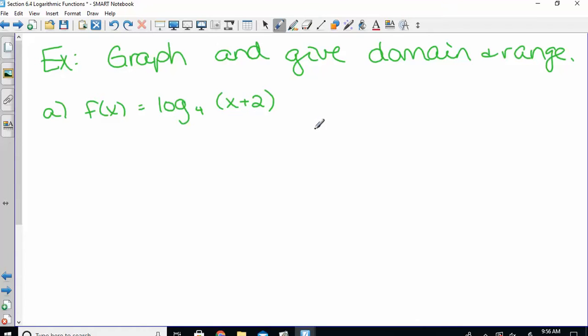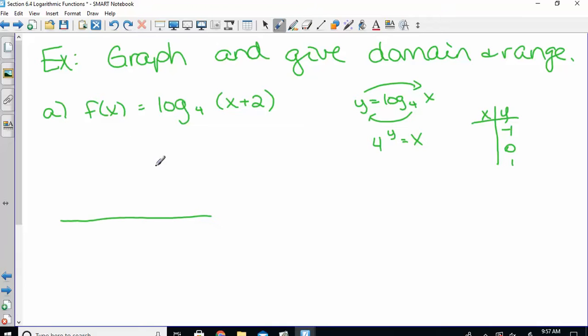So what would be my parent function? It's just the regular log. y equals log base 4 of x. So in exponential form, that's 4 to the y equals x. Okay, so our points, you're putting in -1, 0, and 1 for your y.